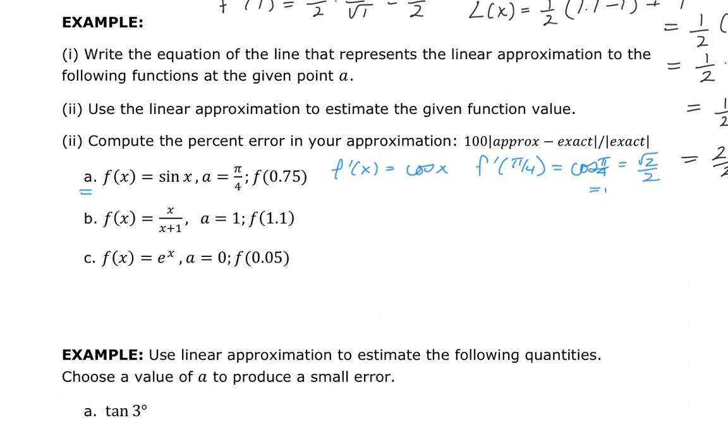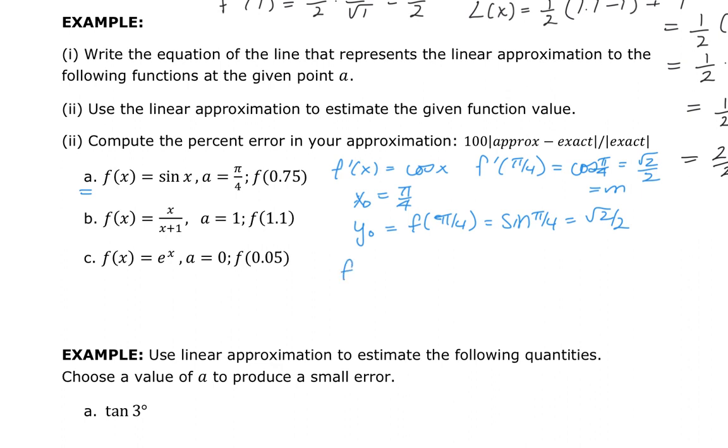This is my slope. I will need my x naught. Well, my x naught is pi over 4. My y naught is going to be equal to f of pi over 4, which is the sine of pi over 4, which is the square root of 2 over 2.